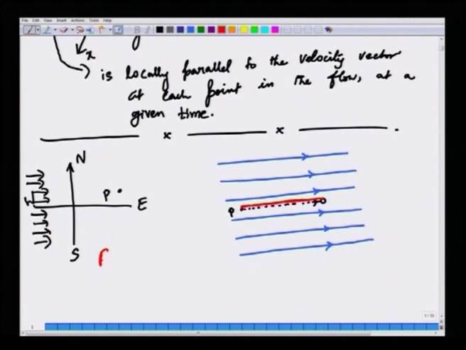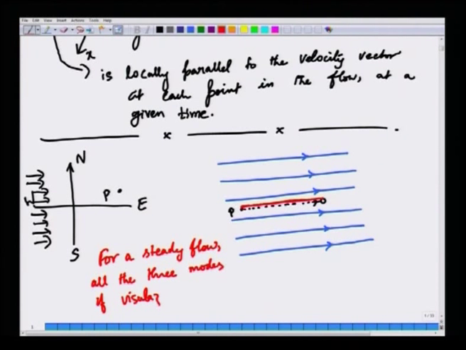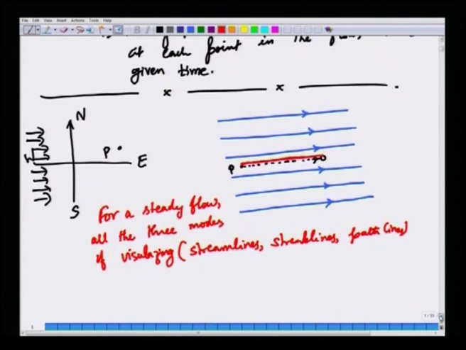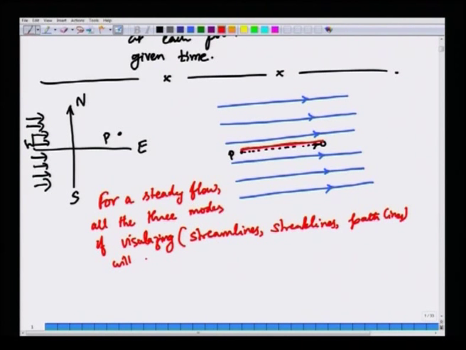So, for a steady flow, all the three modes of visualizing will yield the same result, namely streamlines, streak lines and path lines will be identical.